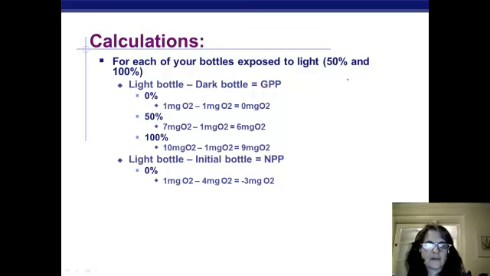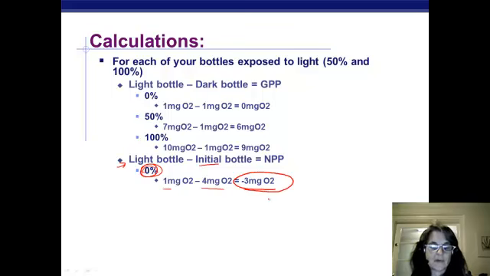Now, we are going to do our net primary productivity, which is the light bottle minus the initial bottle. So again, in our 0% bottle, 1 minus the initial was 4, so we have -3. So we can see that really we are losing ground here. Lots of productivity was used up in respiration.